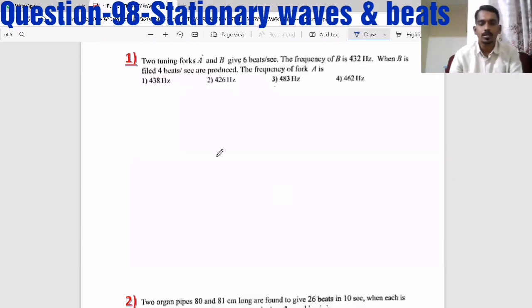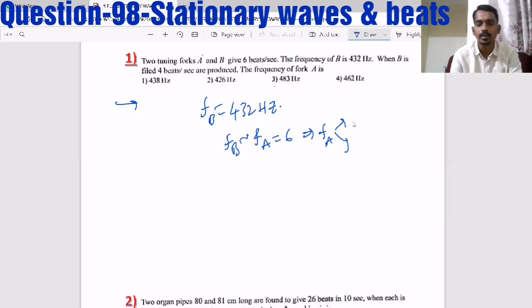Let's see a few questions based on whatever we have discussed. Now two tuning forks A and B give 6 beats per second. The frequency of B, FB, is 432 Hz. When B is filed, so FB is 432, and FB and FA giving 6 beats implies what FA can be.